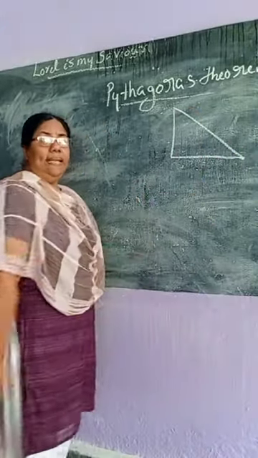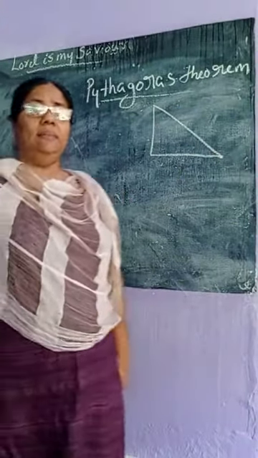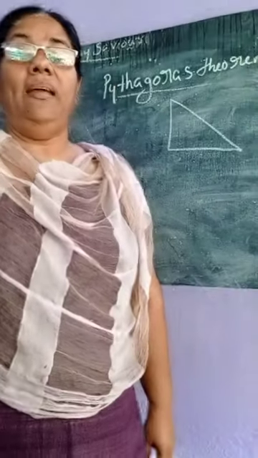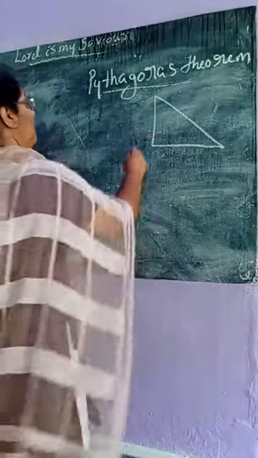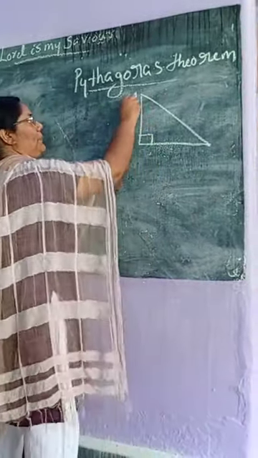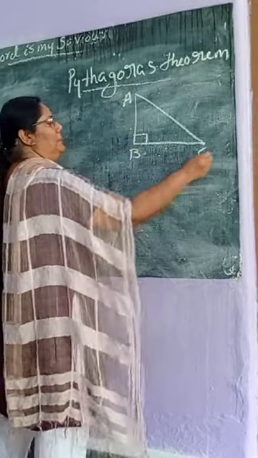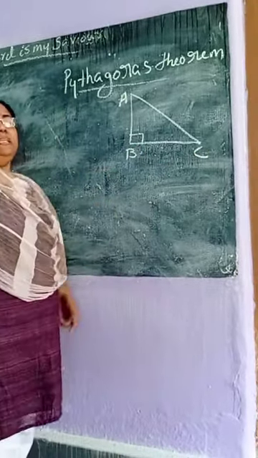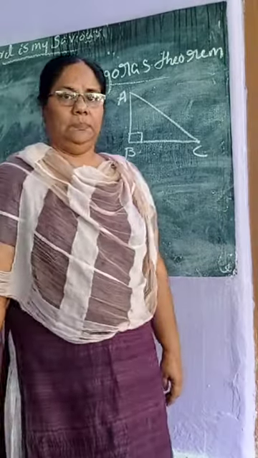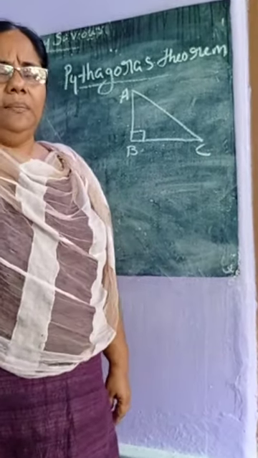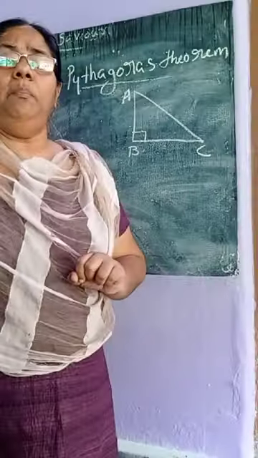What is the meaning of right-angled triangle? Right-angled triangle means one angle is 90 degrees. Suppose ABC is the triangle and angle B is 90 degrees. Understand? We know that a triangle has three sides.